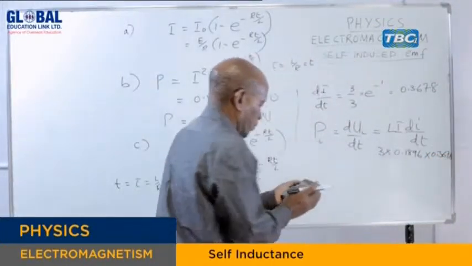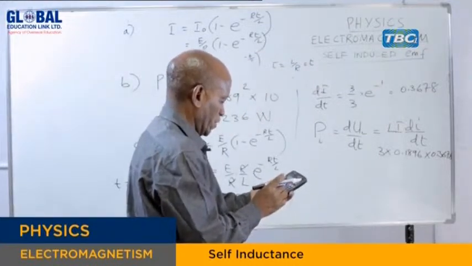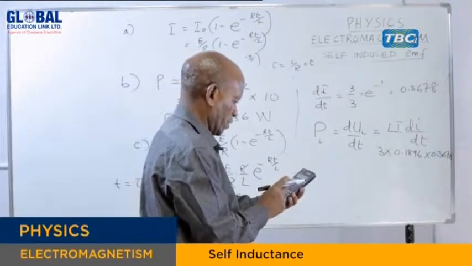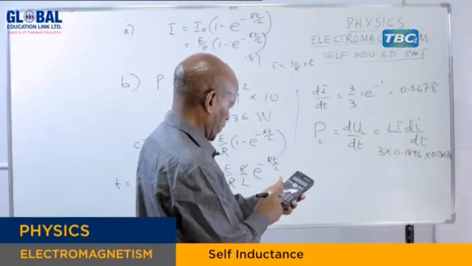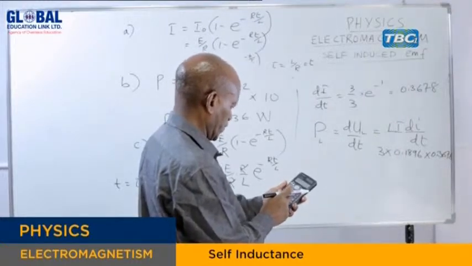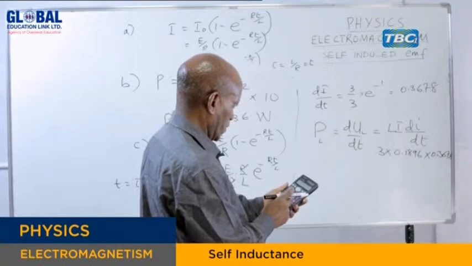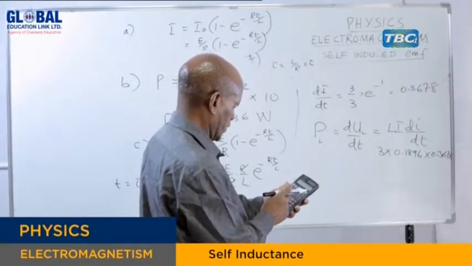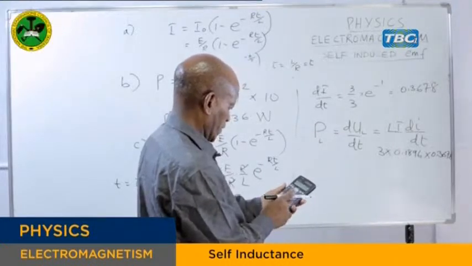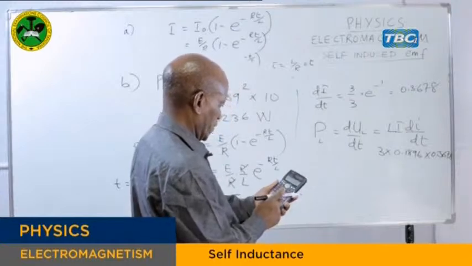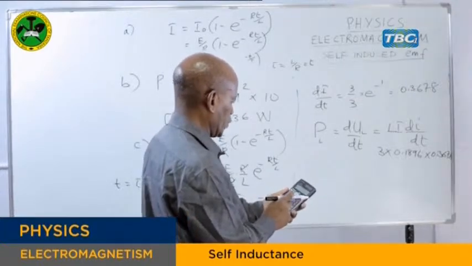So if we multiply 0.3678 times 0.1896 times 3, we obtain 0.2092.